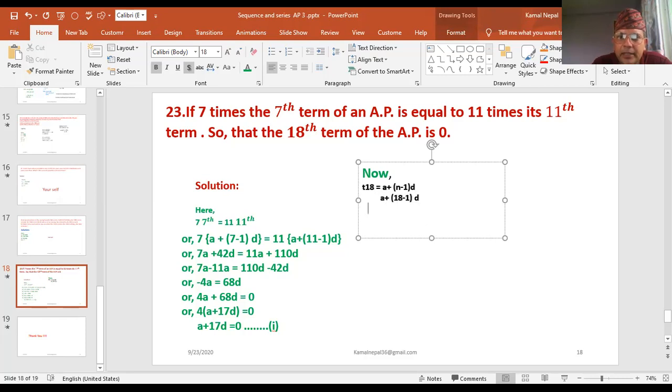Then it is A plus 17d. Now A plus 17d, from equation number 1, is 0. Then you can say it is proved. So T18 is equal to 0.